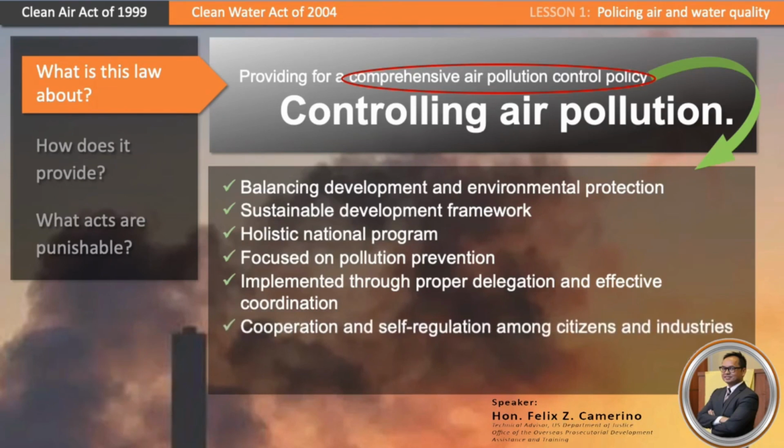Next is this bullet point. Let's talk about industries first. I think we have at this point an idea that many industries are the culprit to air pollution. Readily evident.